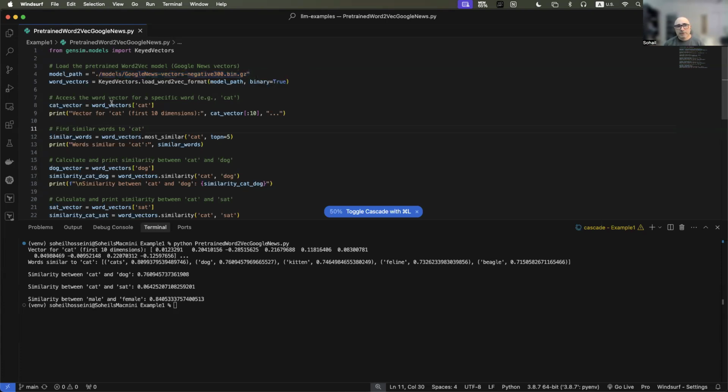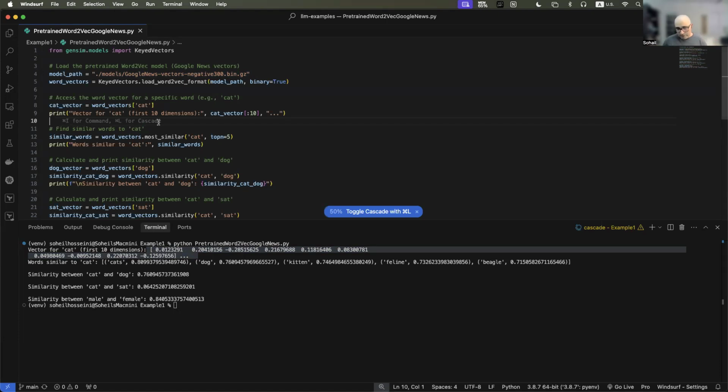So in this case, for instance, I'm looking at the word cat, and it will give me the first 10 items of that vector. So you can see that this is the first dimension of that. And you can actually get the whole vector.